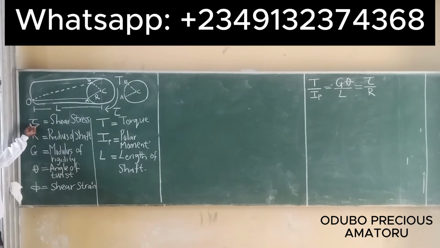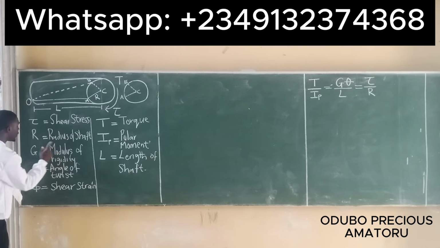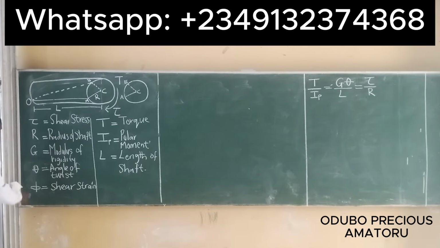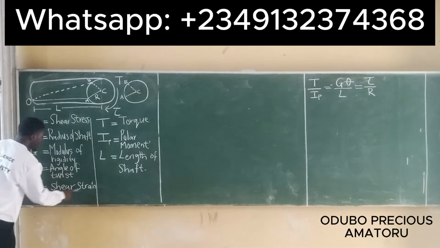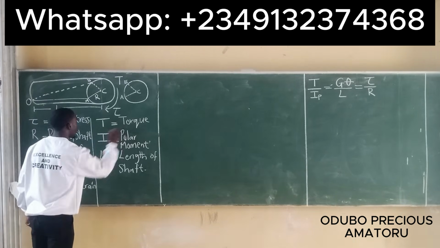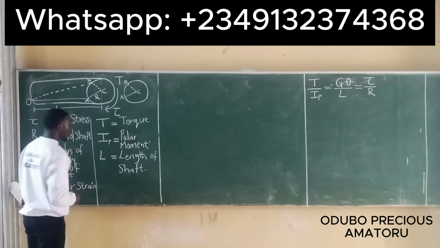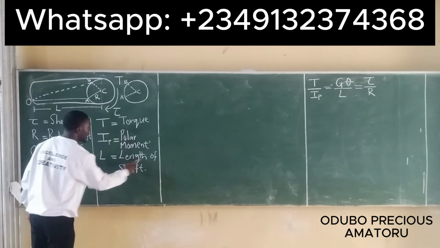We have tau as the shear stress, r as the radius of the shaft, G as the modulus of rigidity, theta as the angle of twist, and phi as the shear strain. Also, we have T as torque, J as the polar moment of the shaft, and L as the length of the shaft.